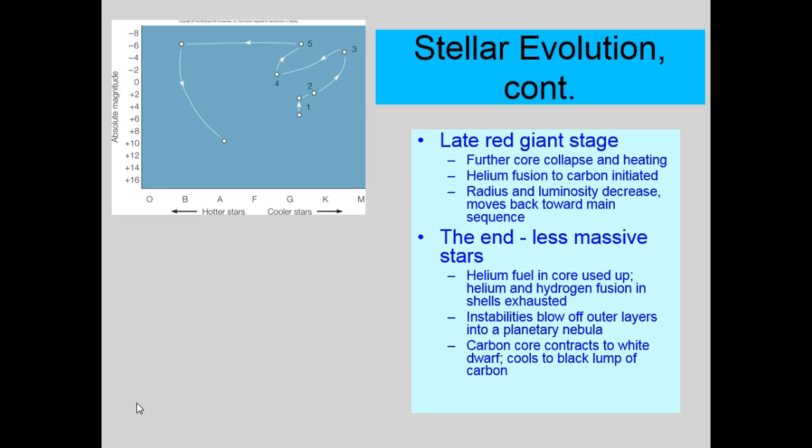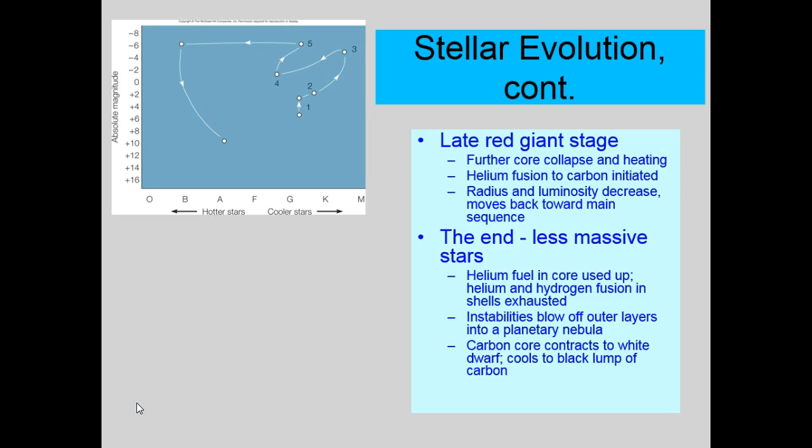The luminosity also decreases because it's not quite as big, but it moves back toward the main sequence. So it comes back in the main sequence somewhere here. Now it's not doing hydrogen fusing to helium. Helium's fusing to carbon, which is a hotter process. Okay.